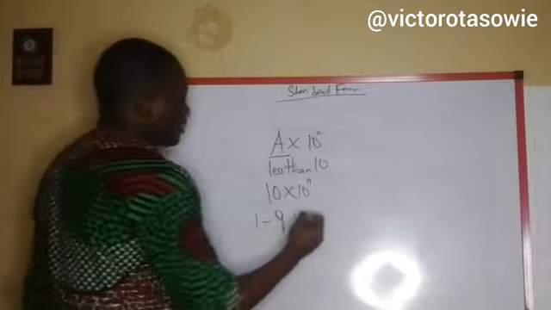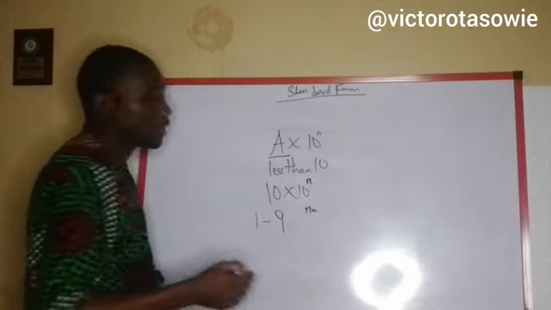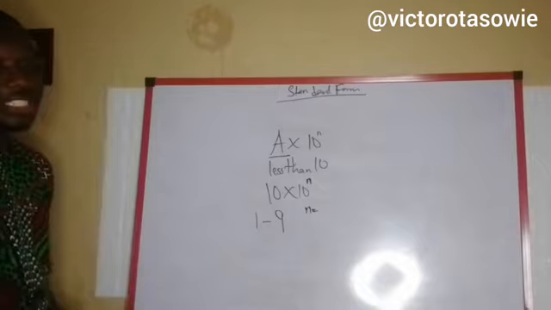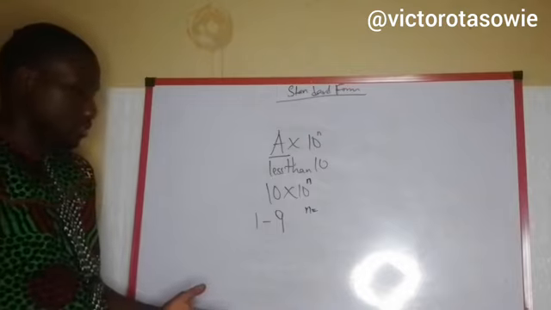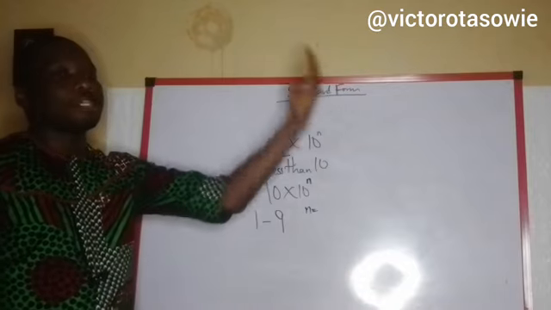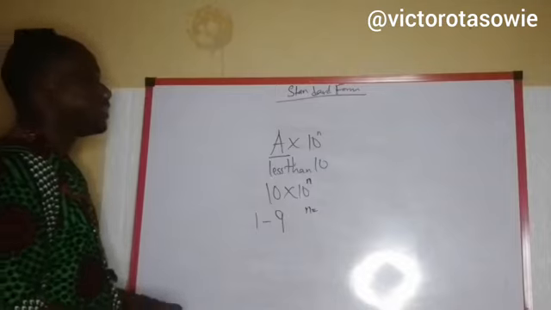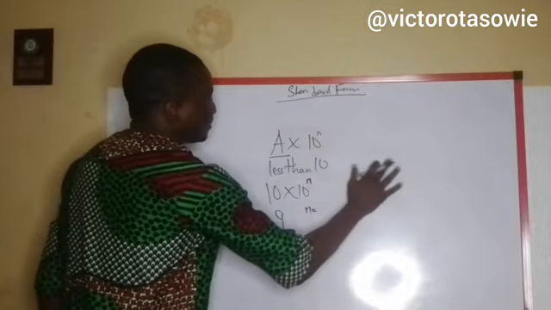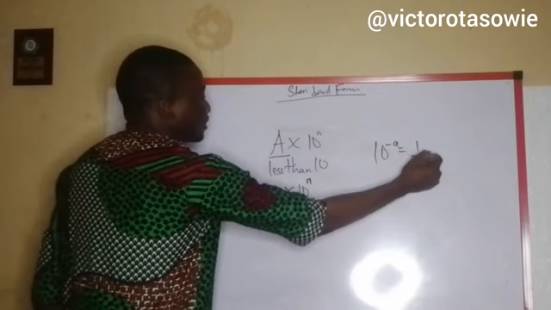Then also this n you see here is our power. And the power will depend on whether you are moving the decimal point forward or whether you are moving it backwards. Now I will explain again. Remember, in indices I said that 10 raised to power minus a is equal to 1 over 10 raised to power a.